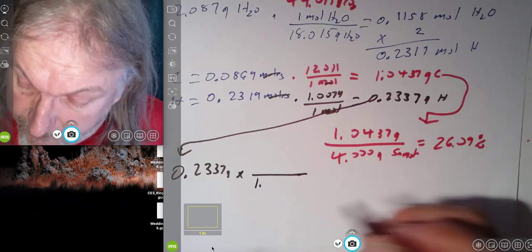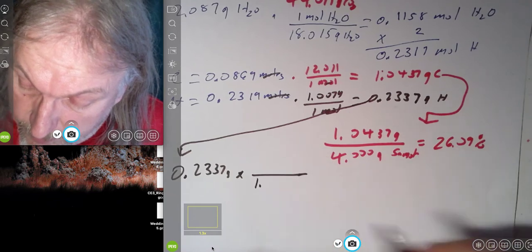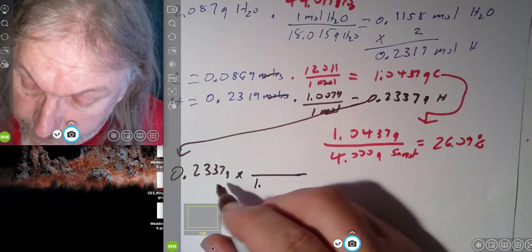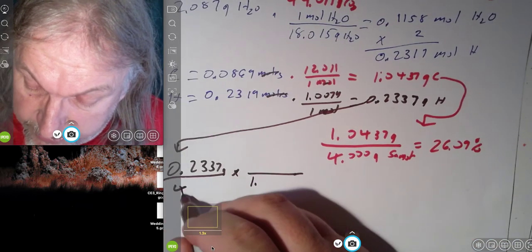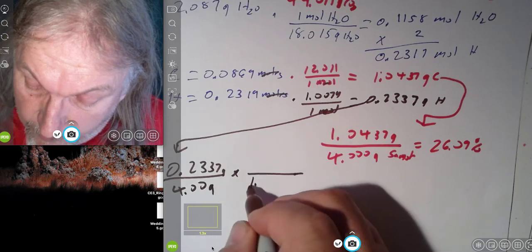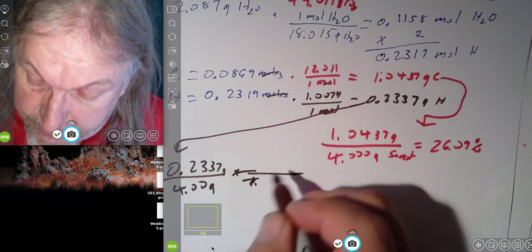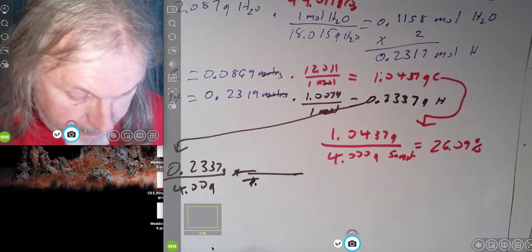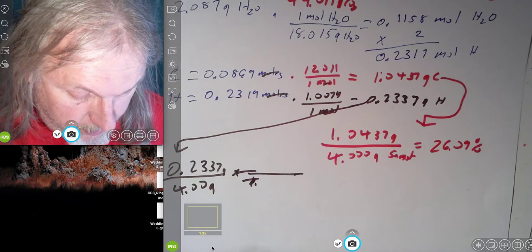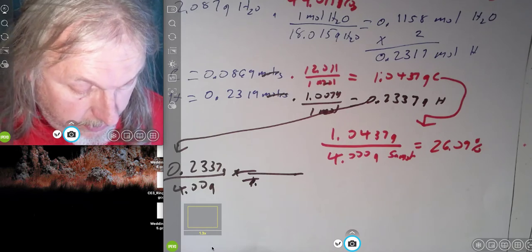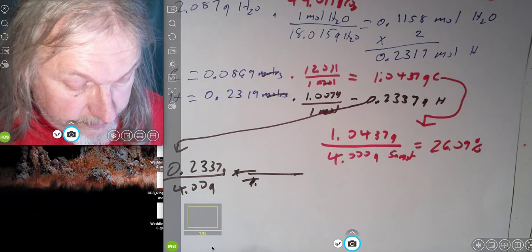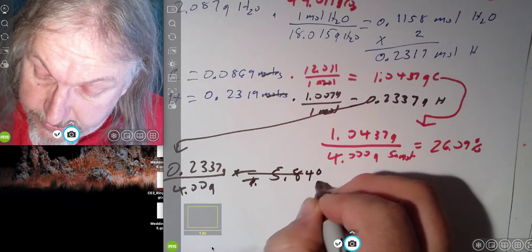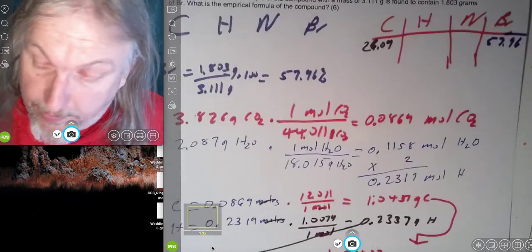If I divide that now by the total sample, 4 grams, that's going to give me the percentage of hydrogen. 0.2337 divided by 4 times 100, and that gives me 5.84% hydrogen.